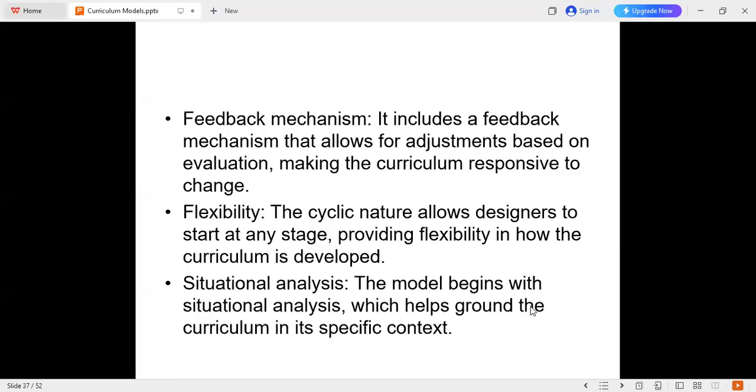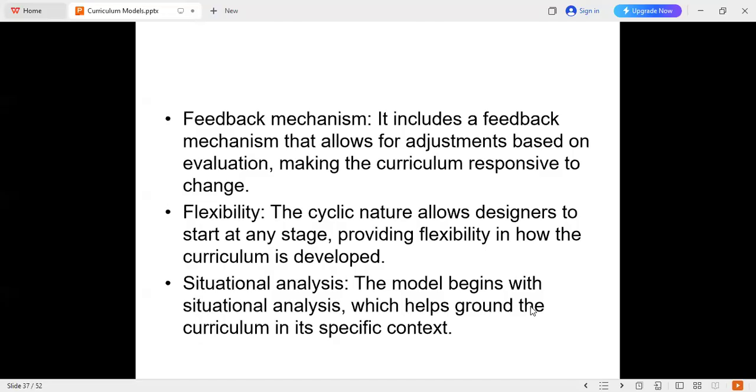But in the Wheeler model, there can be a current curriculum in force at the time, based on the evaluation. Curriculum developers can intervene at any stage. That is a new thing.